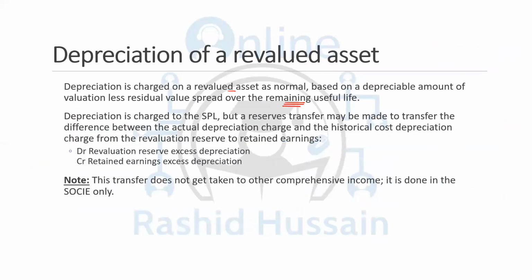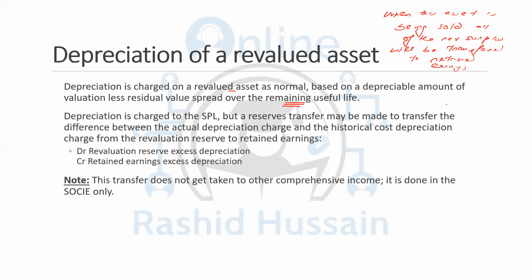And the moment this asset is sold, all of the revaluation surplus, let me just write it. When this asset is being sold, all of the revaluation surplus will be transferred to retained earnings.